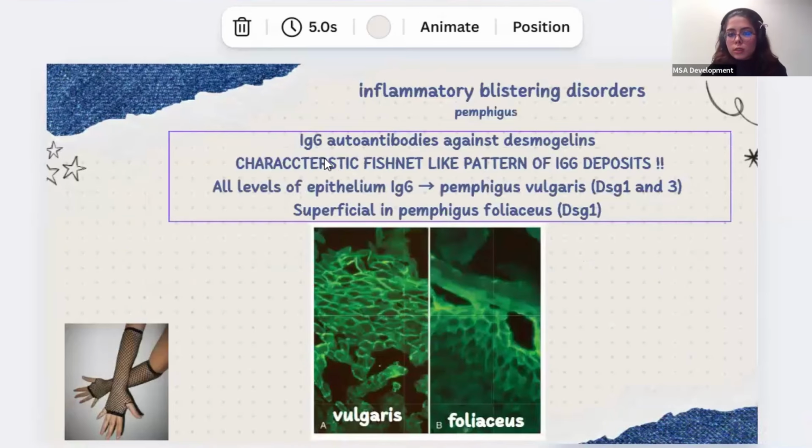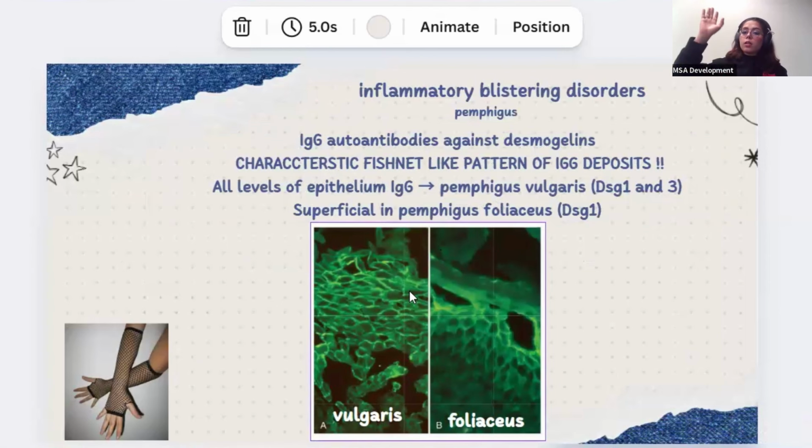Now, we said autoantibodies. It's usually IgG, IgG autoantibodies against desmogleins, with a characteristic fishnet-like appearance of IgG deposits. Pemphigus vulgaris involves DSG1 and DSG3, all levels.